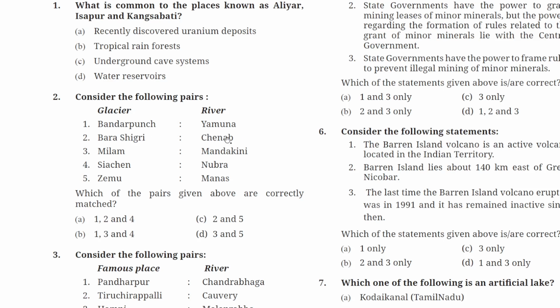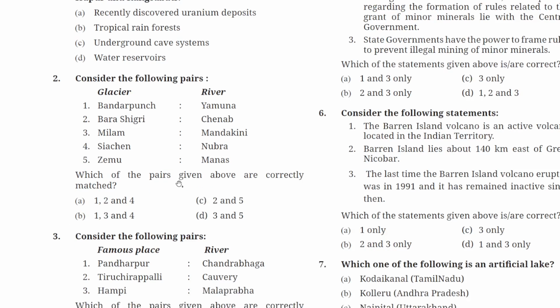Bara Shigri, Chenab, yes, it is also true. Milam, this is wrong. And Siachen, Nubra is true. Zemu, Manas is wrong. Milam is in the river Gori Ganga, and Siachen, Nubra, true, but Zemu is Tista. So answer is only A, 1, 2, and 4.